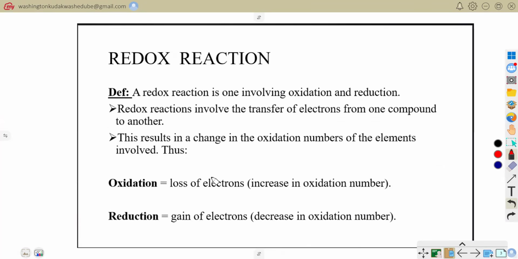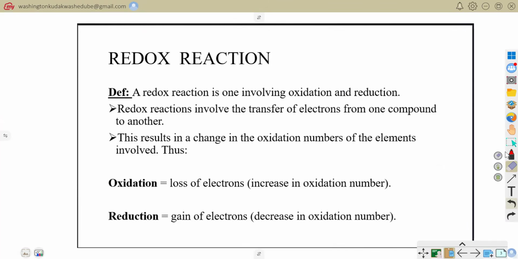Now let's get started and begin identifying and defining what we refer to as redox reactions. The definition that we are going to go with is that a redox reaction is one that involves oxidation and reduction. Maybe I can simply use the word itself to define what it means.